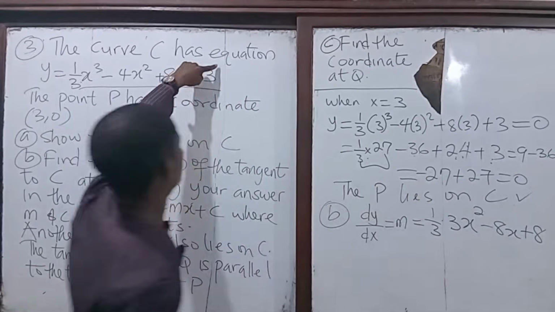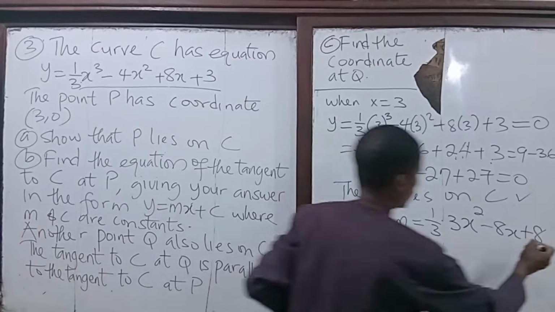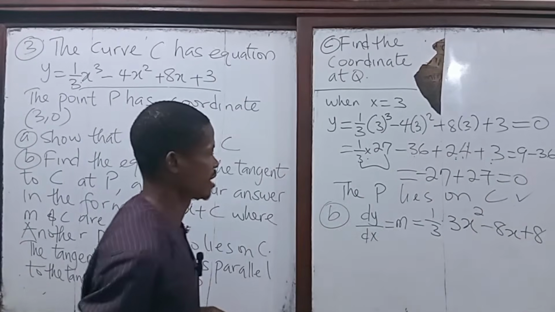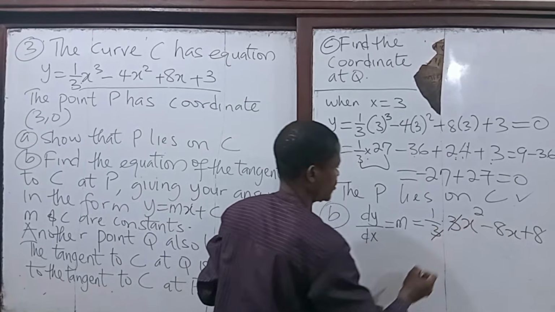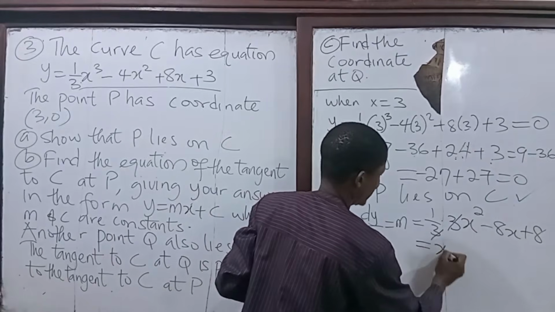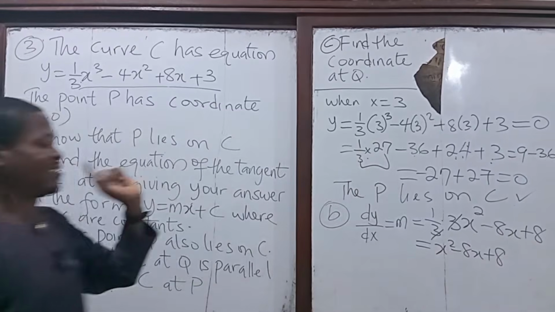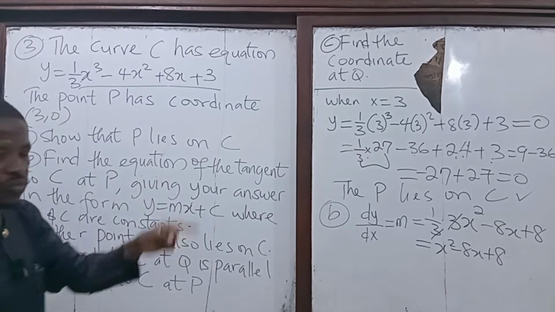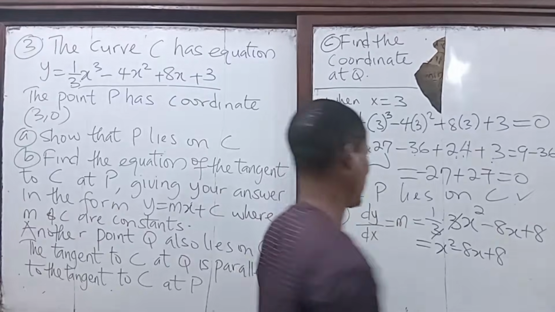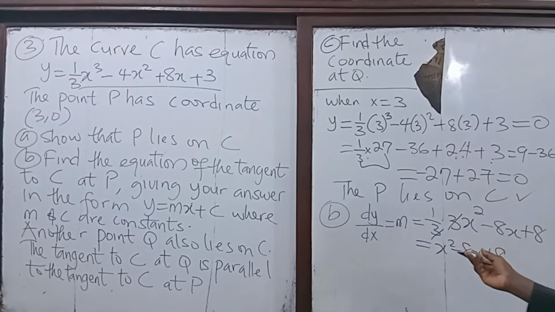If we differentiate a constant, that will be 0, so that one is gone. So this one and this one cancel. Then we have x squared minus 8x plus 8. That is the gradient, which is the slope.